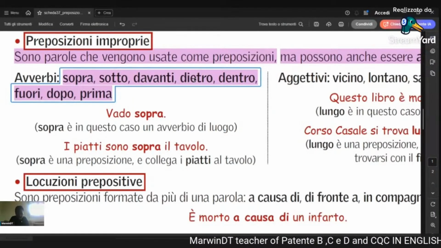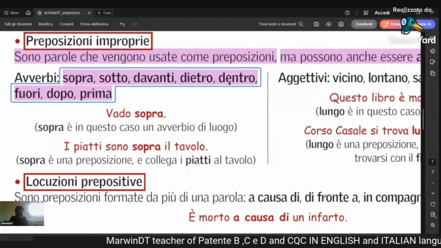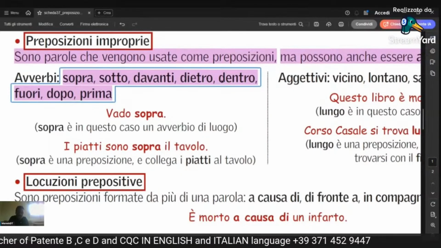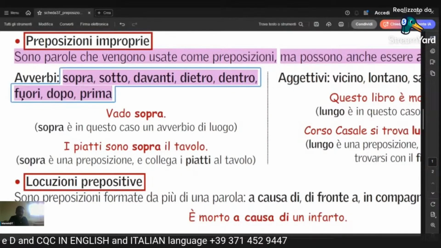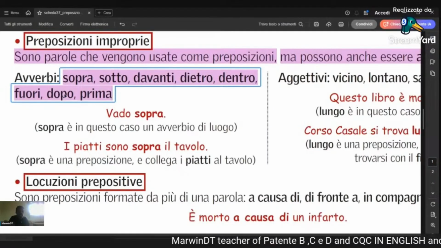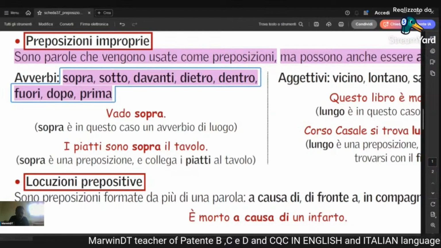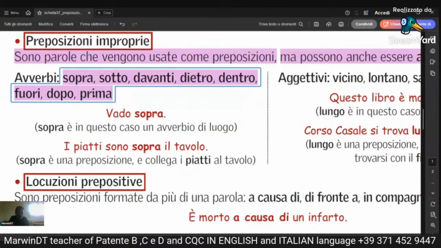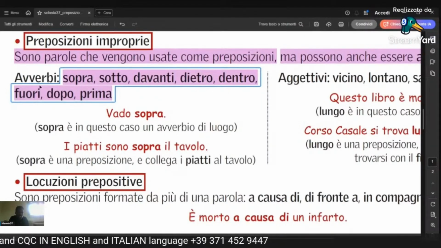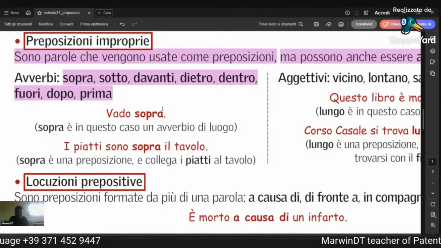Dietro, behind. Dentro is within or inside of. Fuori, outside. Dopo is after. And prima is before. So these are avverbi. Very good. These are some of the examples.